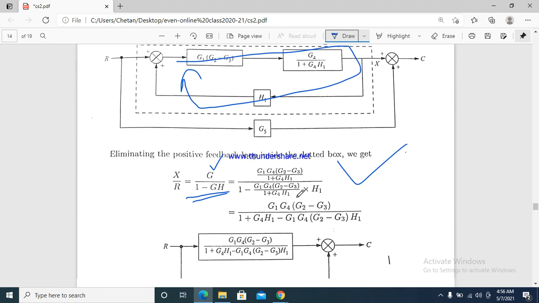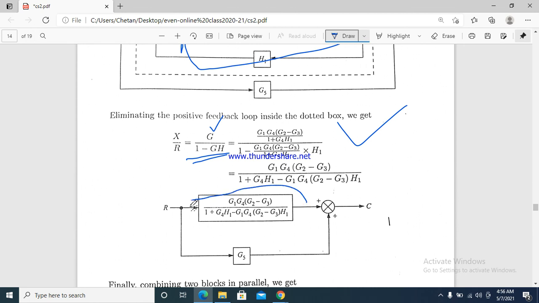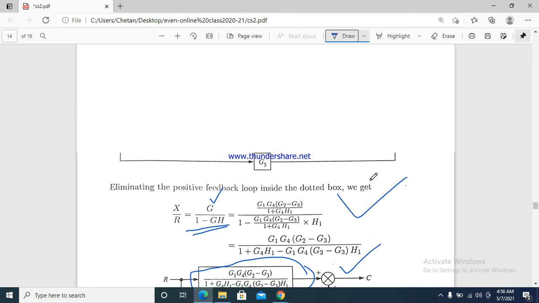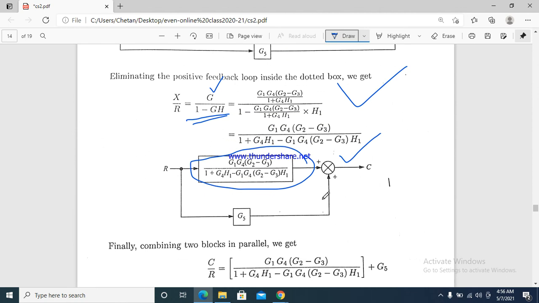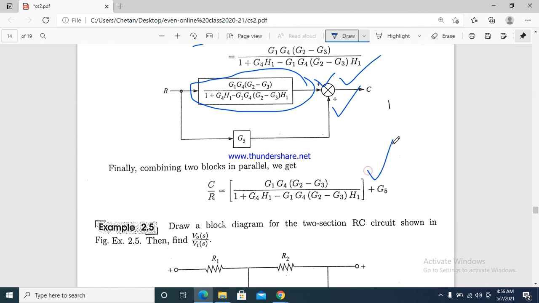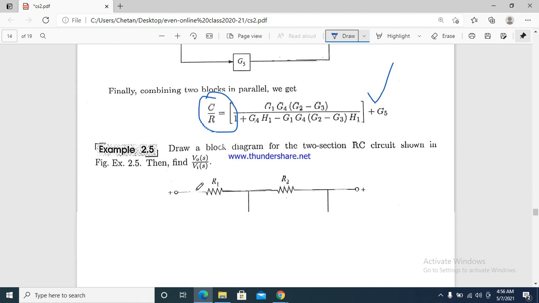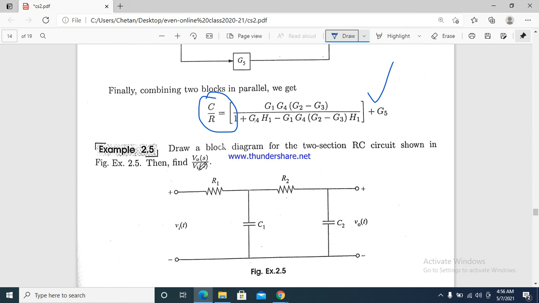Next, you are left with these values with this summing point. Then you need to add this one with this G4, and you will get C by R equal to this. Like this, you can find the transfer function C by R through this method. Next we will move to the next problem.